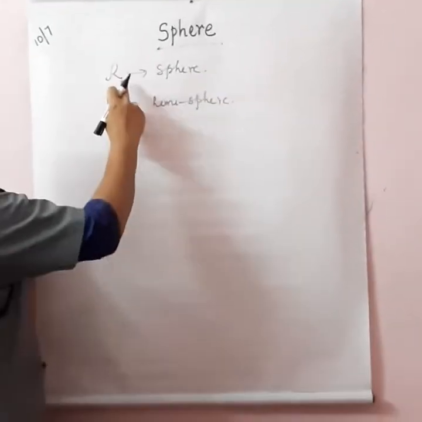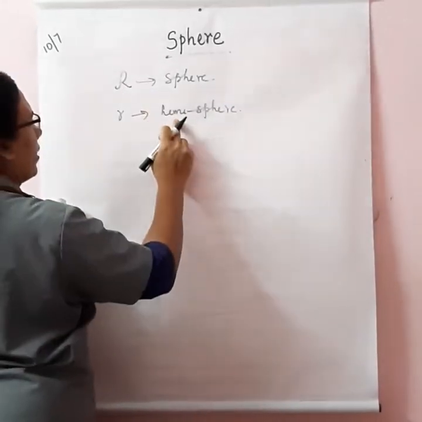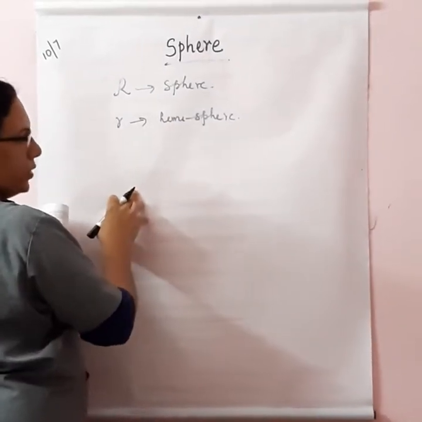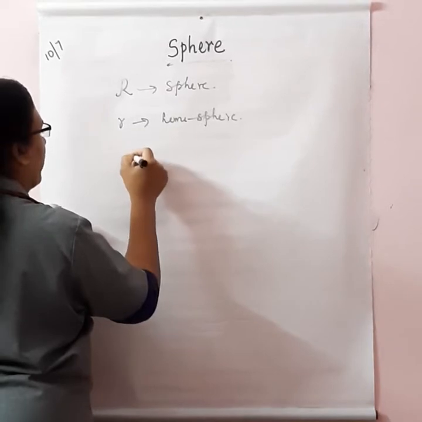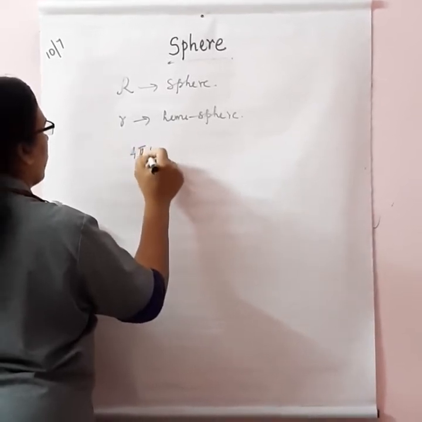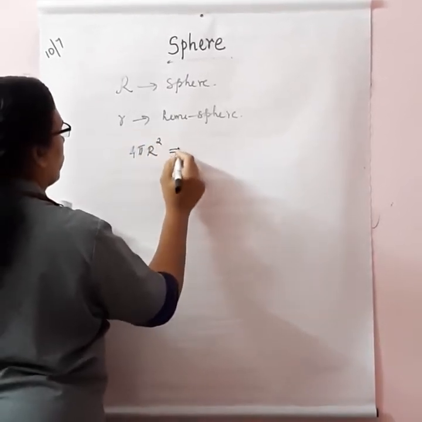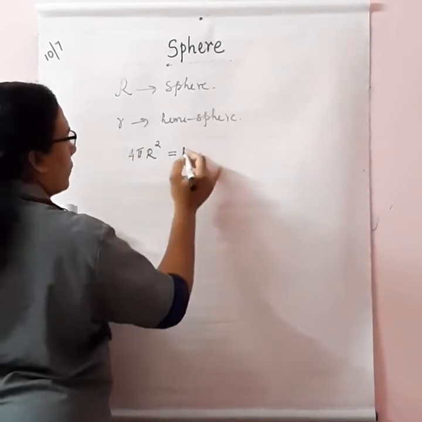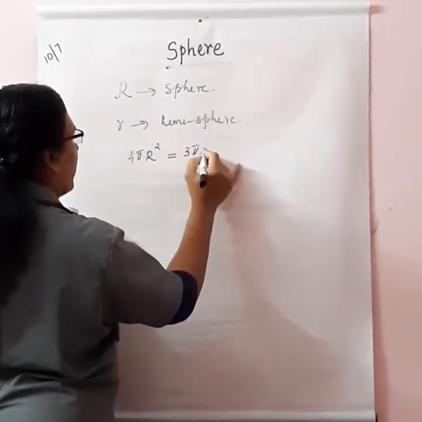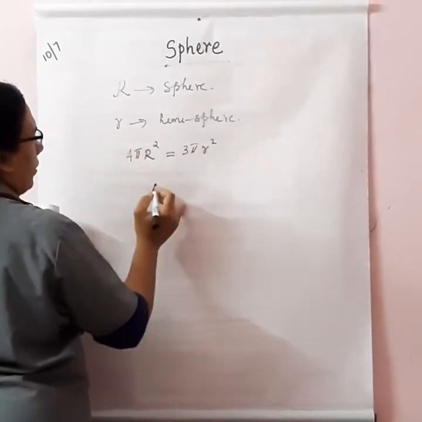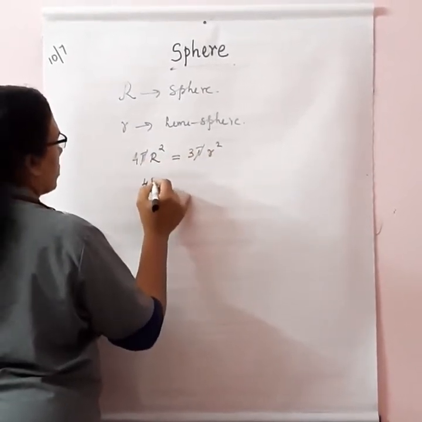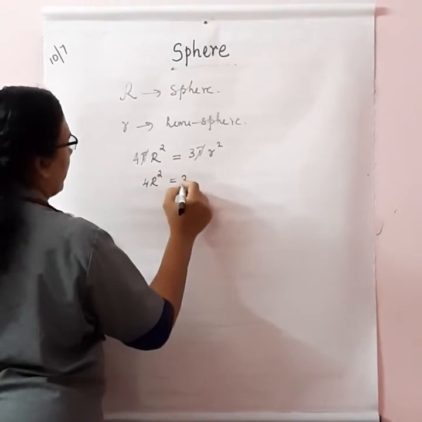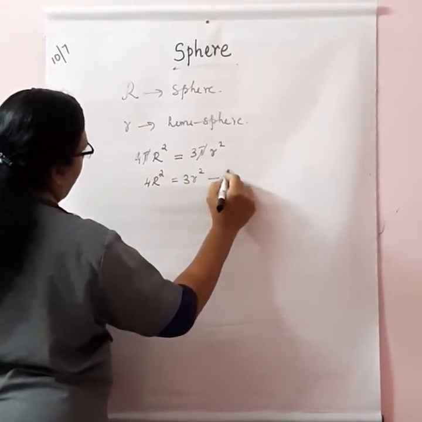That is, total surface area of the sphere is same as total surface area of the hemisphere. Now what is the total surface area of the sphere? It is 4 pi R square, equal to total surface area of the hemisphere. You have learned it is 3 pi r square. Pi can get cancelled. I get 4R square is equal to 3 into small r square. Equation number 1, let it be there.